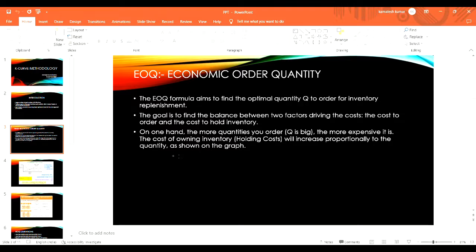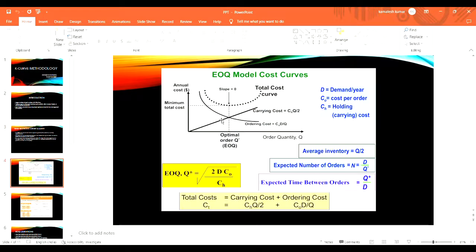If you see the graph here, the x-axis has the order quantity, and the y-axis has the annual cost. This straight line starting from the origin is called the carrying cost, and this is called the ordering cost.